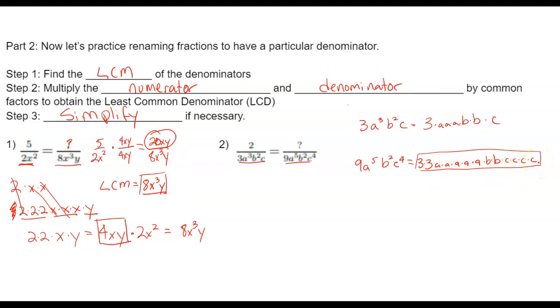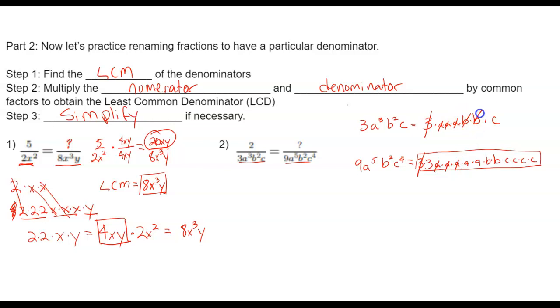So again, I'm going to convert this using just factors of my least common multiple. I'm going to use the same trick that I used before. I have a 3 up here, so I'm going to take a 3 away. This will tell me what I need to multiply 3a cubed b squared c by to get an answer. I need 5 a's up here, and I have 3 a's, so I need 2.